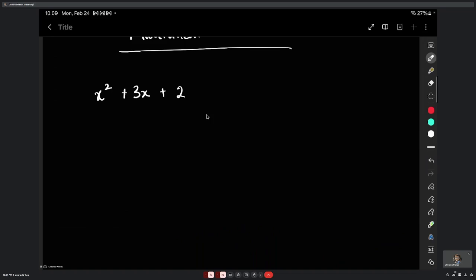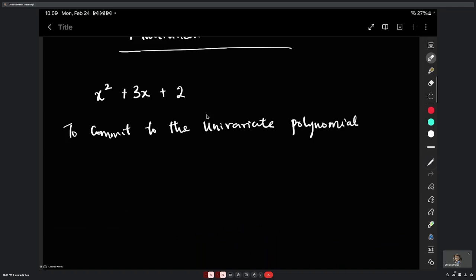To commit to the univariate, we evaluate it at tau.